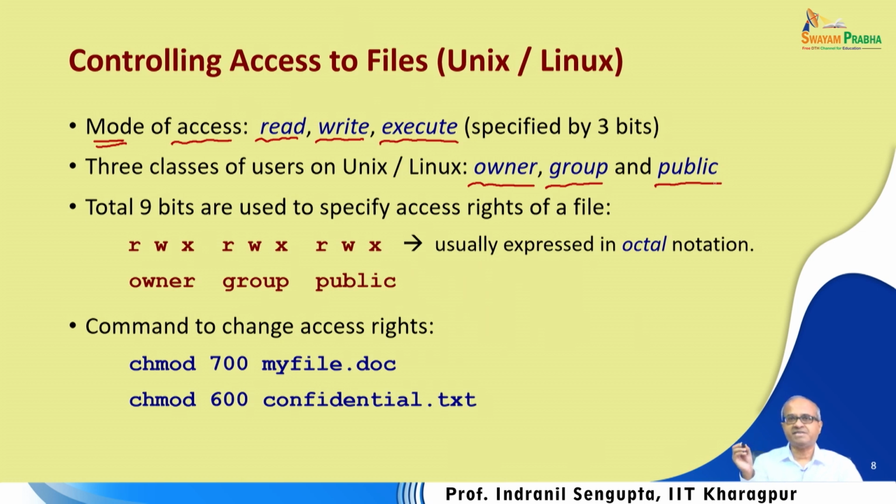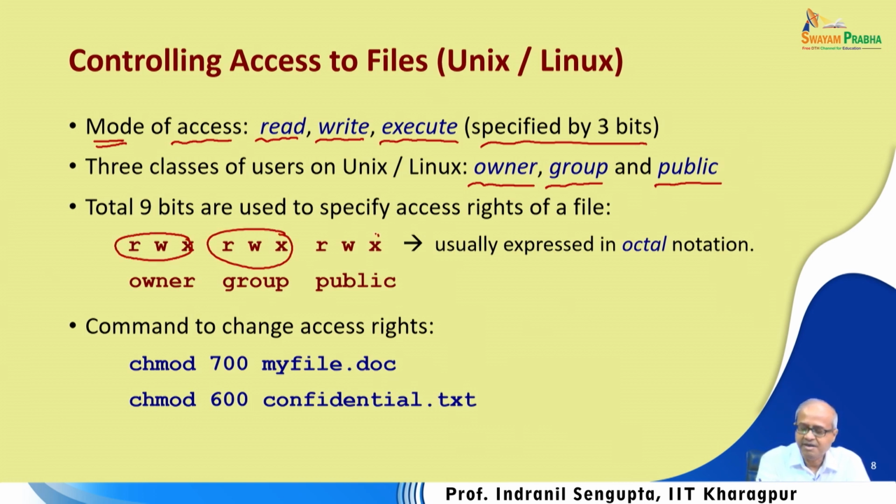Now, read, write, execute are specified by 3 bits: read, write, execute for the owner, read, write, execute for the group, and read, write, execute for the public. For every file there will be 3 bits for the owner, 3 bits for the group, 3 bits for the public.